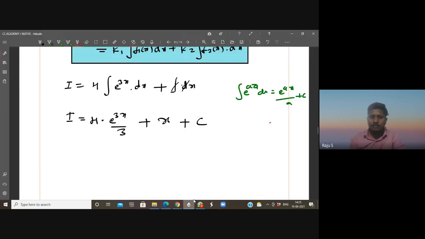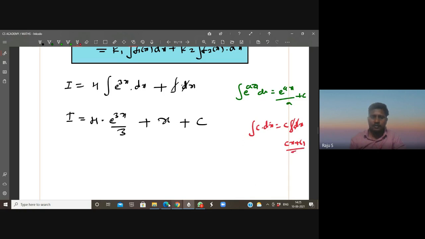Once again, integral c dx is there. c is a constant, take it outside. Sorry, not x, just c outside and dx. I told you very clearly, integral and d get cancelled: cx plus c1.